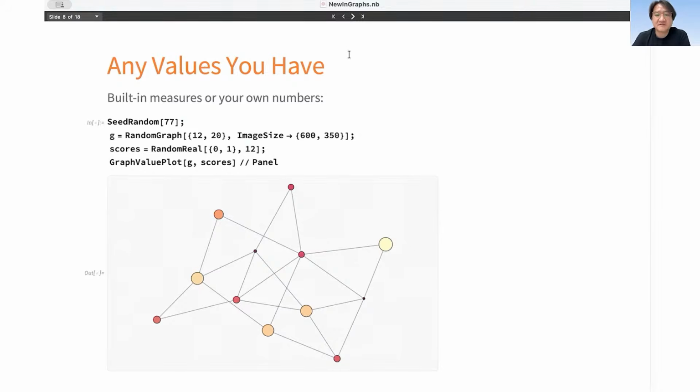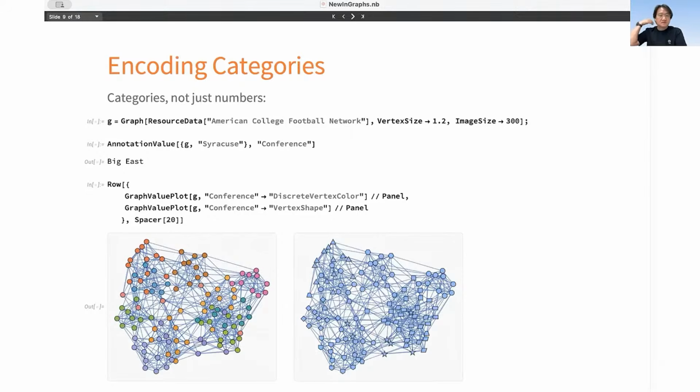But not every value I want to show is a number. So let me bring categories into the picture as well. The values we've seen so far have been continuous numbers, but graph value plot also handles categories. Here in the example, this is the network of American college football games, and each team carries a components annotation.